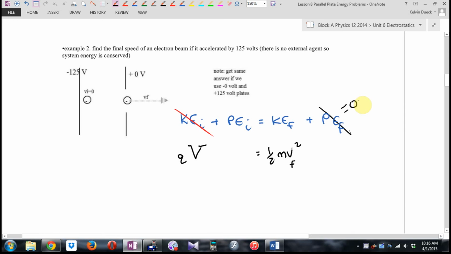Alex, what do you say we're trying to find? Oh, I guess it's going to be... is that right? Times by 2, divide by m, square root.